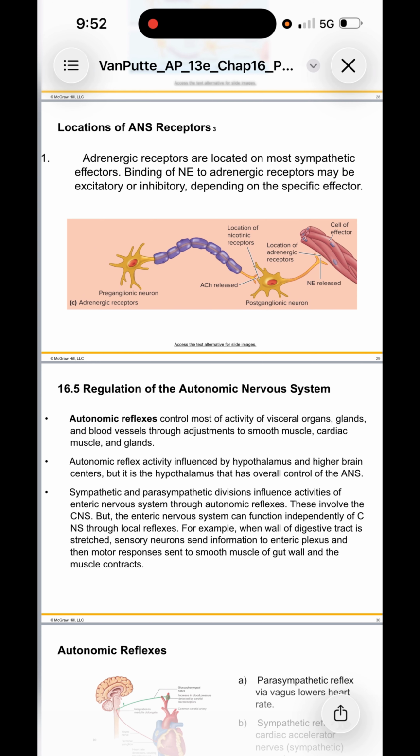C. Adrenergic receptors, preganglionic neuron. Location of nicotinic receptors, ACH released. Postganglionic neuron. Location of adrenergic receptors, NE released. Cell of effector.